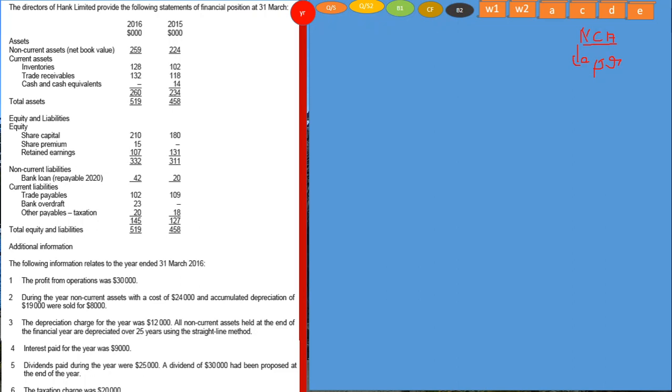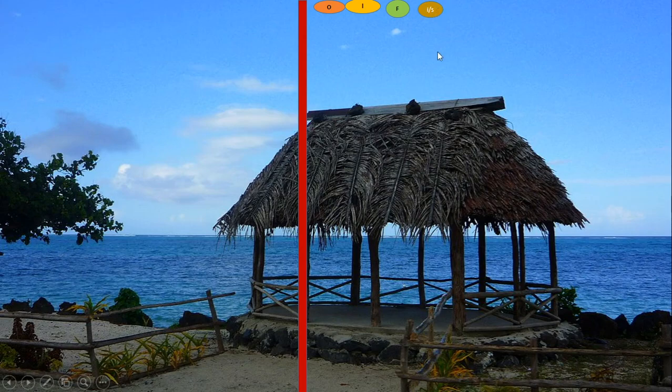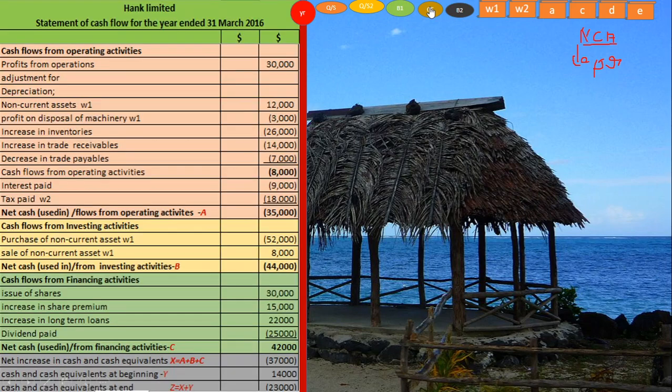I'm going to show you that. So you will have to calculate the amount of depreciation, that is depreciation to be added back. Like here 12,000 has been here, depreciation on non-current assets. You need to find out what that 12,000 is. So depreciation will be added back, we know that.